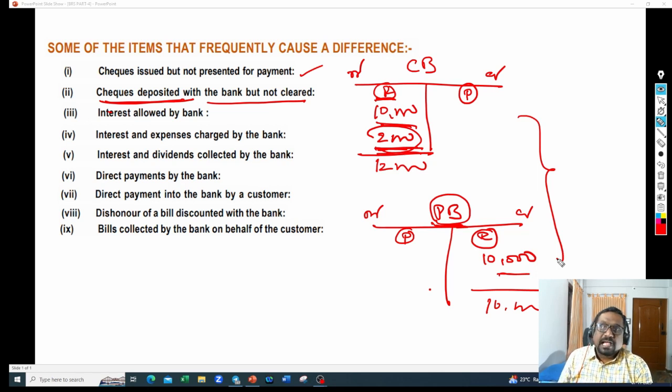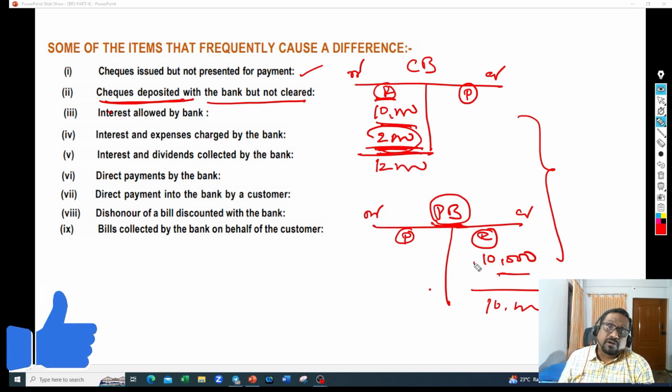Suppose today I started preparing the reconciliation between these two. By the time I prepare, this amount was not collected by the banker. He's still interacting with the customers to get this amount. So obviously, there will be a difference between these two balances. The difference has come because checks were deposited but not cleared by the bank.